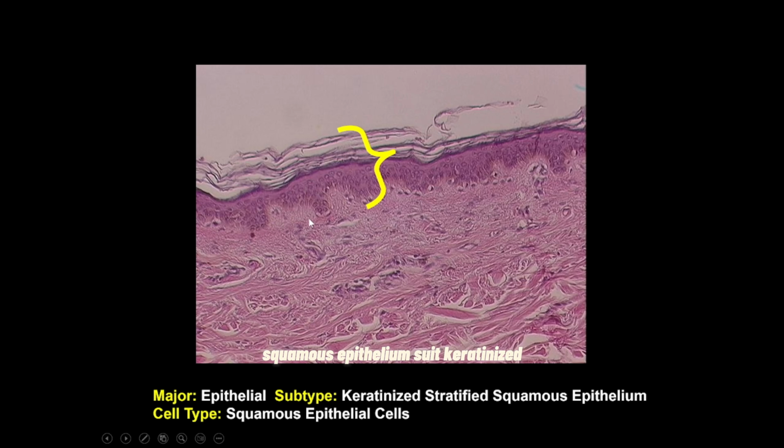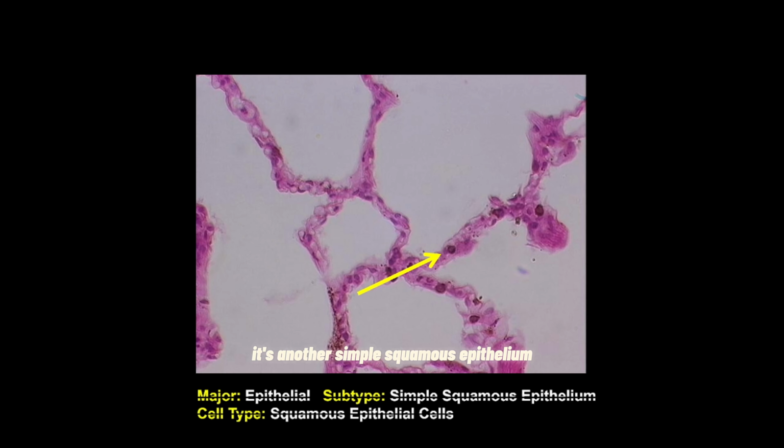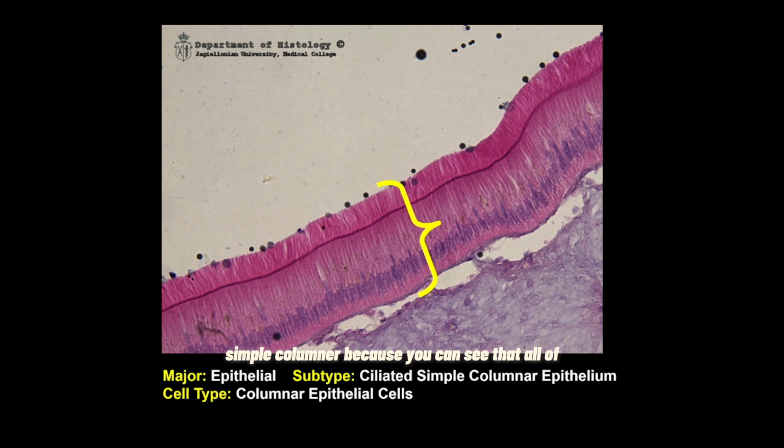Okay, this is going to be keratinized stratified squamous epithelium. It's another simple squamous epithelium, a dense irregular connective tissue. And then this is going to be a ciliated simple columnar because you can see that all of the nucleuses are at the bottom.